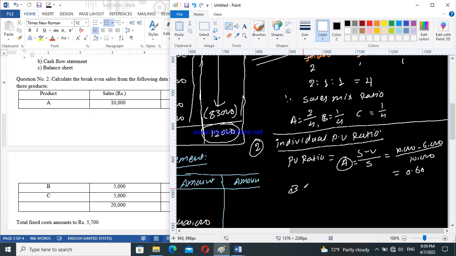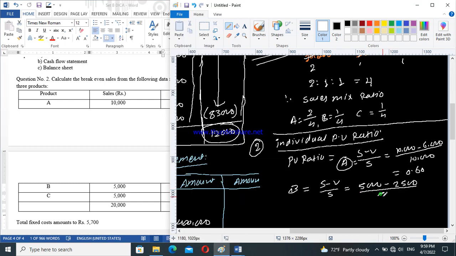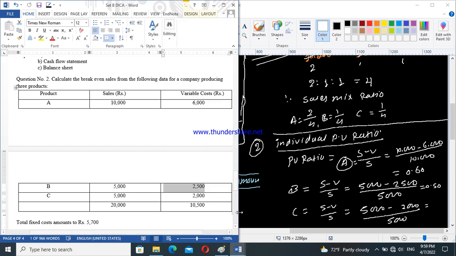For B, PV ratio S minus B by S is equal to 5,000 minus 2,500 over here. Let's have a look, and divided by 5,000 is equal to 0.50. C required S minus B by S is equal to 5000 minus 2000 divided by 5000 is equal to 0.6.